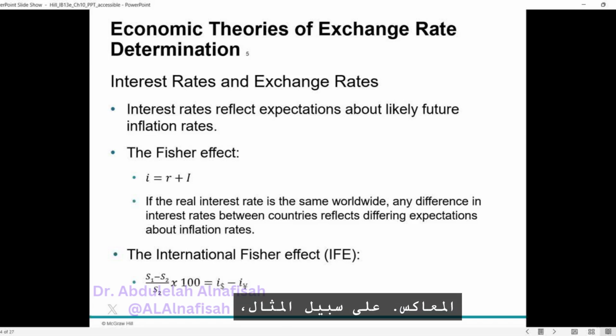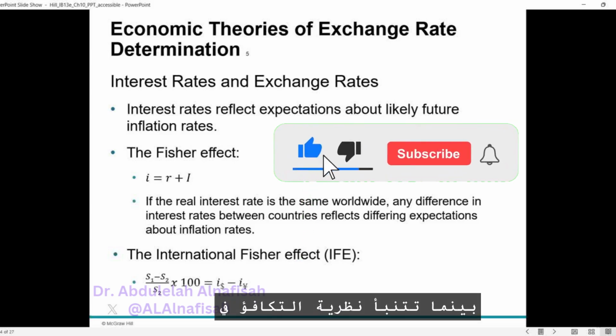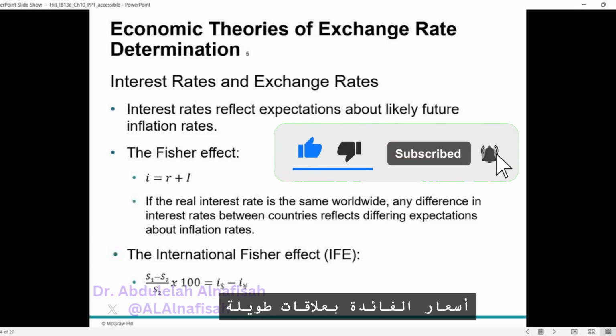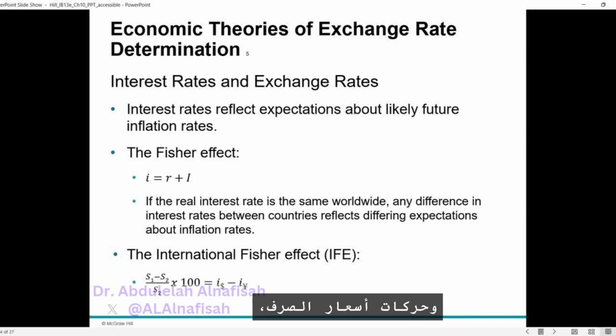For instance, if U.S. nominal rates are higher than Japan's, suggesting higher expected U.S. inflation, the dollar should depreciate against the yen by the interest rate differential. However, while IFE predicts long-term correlations between interest rate differentials and exchange rate movements, it, like PPP, is unreliable for forecasting short-term exchange rate changes.